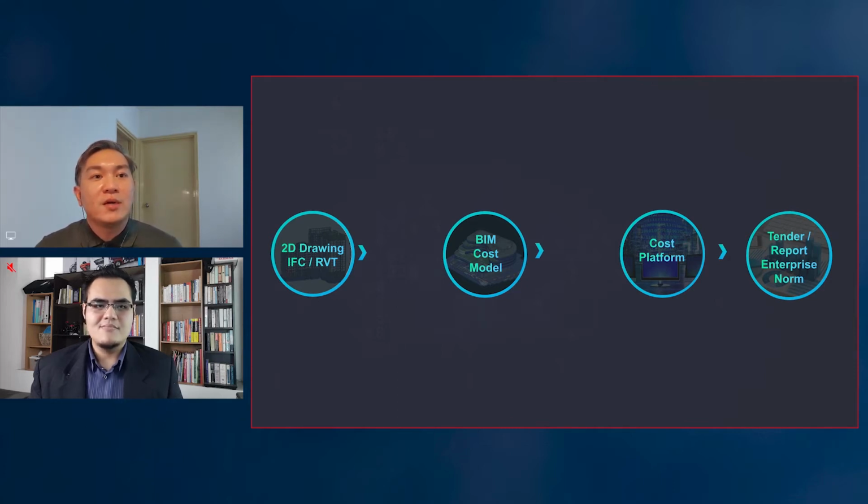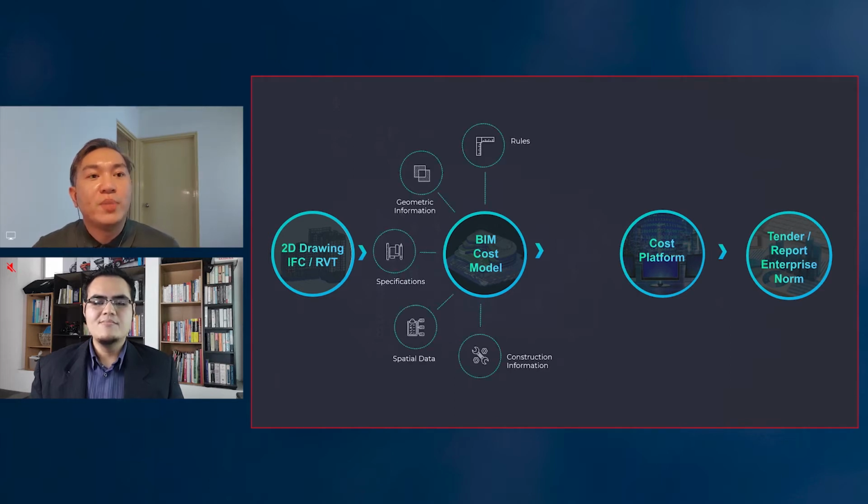As you can see here on screen, we support importation of 2D drawings or even BIM models in IFC or Revit format into our platform to generate a 3D model with all information relevant to the cost estimation, such as geometric sizes, spatial locations, specifications, floor zones, and schedule. Then it produces a quantification of this model in accordance with the embedded standard method of measurement.